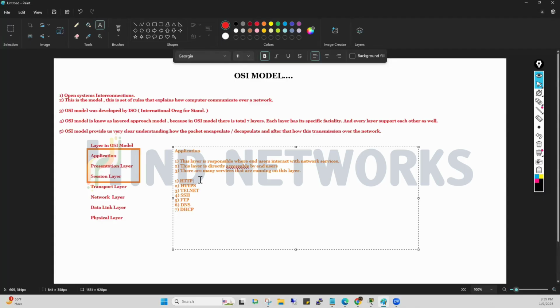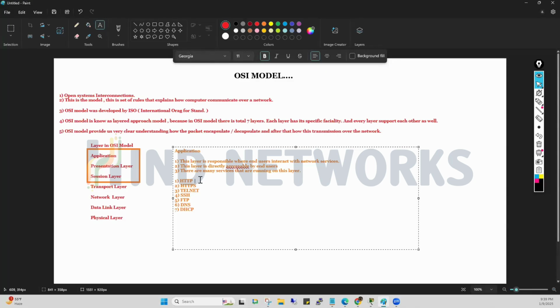Now again, what we need to focus on here, some more important points. For example, if we are using HTTP, how do we know that this is HTTP?